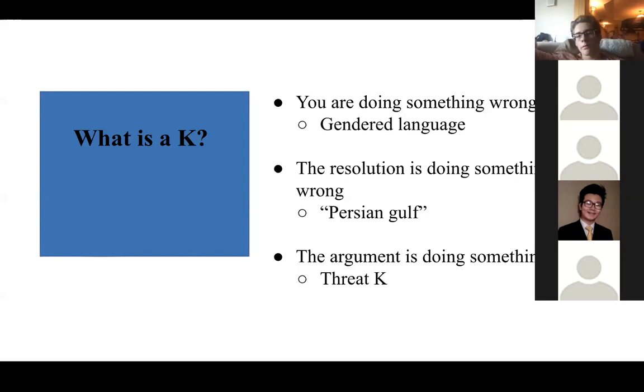Maybe it's terrorism, maybe whatever. The response to this is sometimes known as a threat K, where teams argue that any conflict scenario is essentially just constructed out of nothing. All of these conflict scenarios that we model, these big wars with China and Russia and terrorist scenarios, none of this stuff ever actually happens.